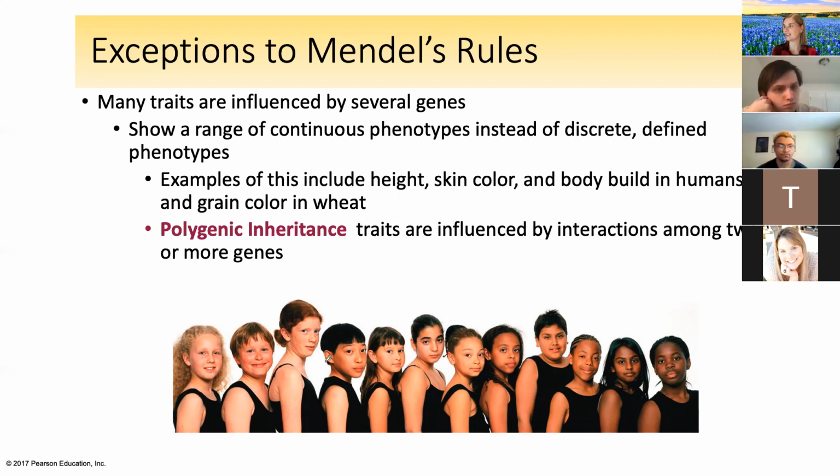And so in humans, your height, your skin color, your body build are all examples of something that's polygenic. So here you have multiple genes that are giving rise to that one phenotype, right? So these get really, really complex as we look at those.